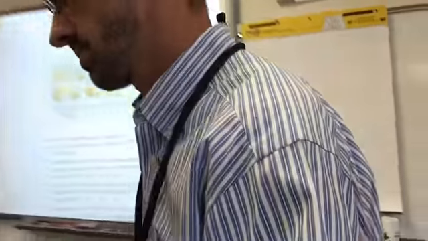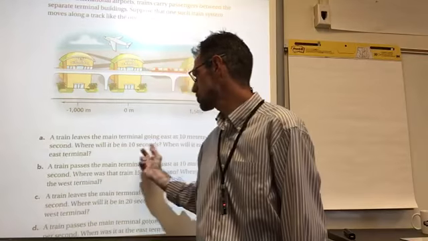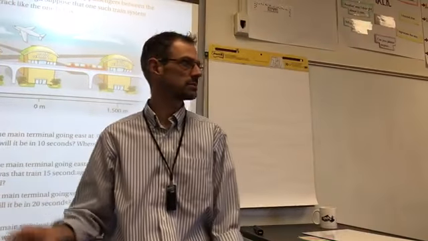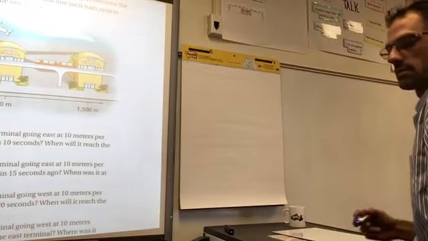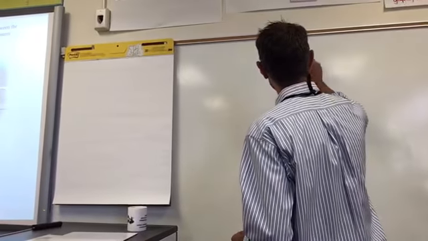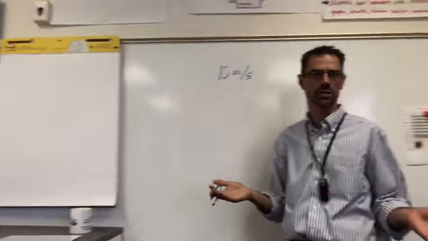Okay, so I've heard a number of great things that we know. We know that the train is going at 10 meters per second. So if we know that, we know quite a bit actually.